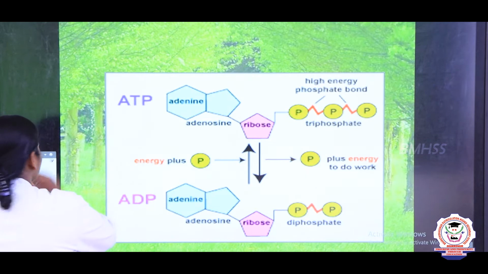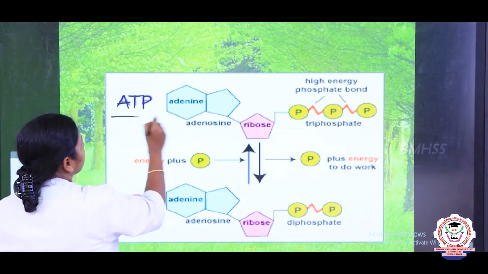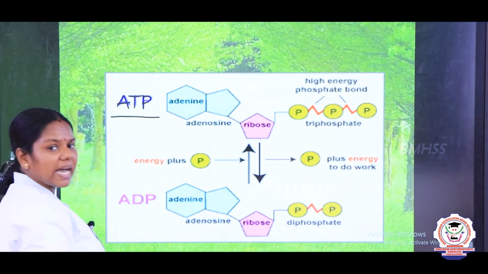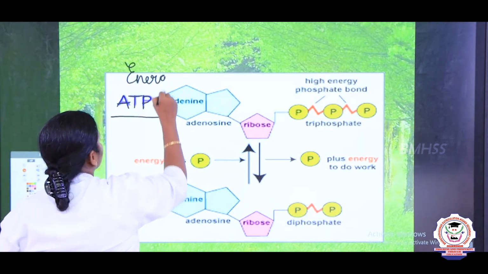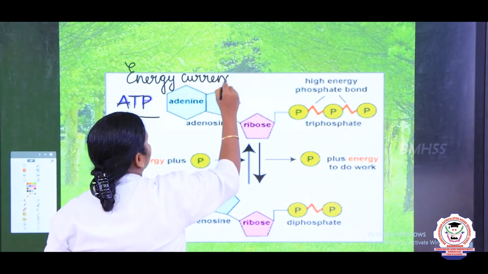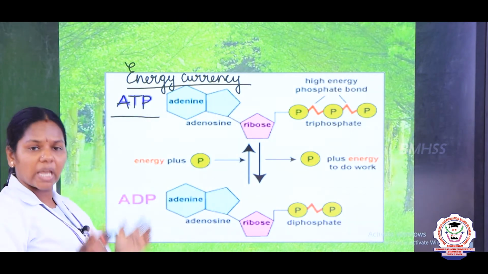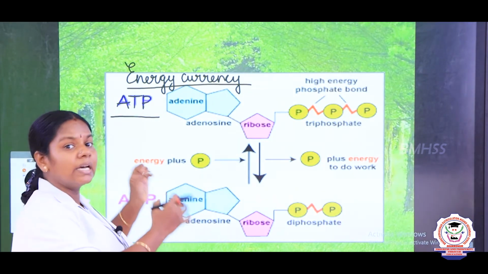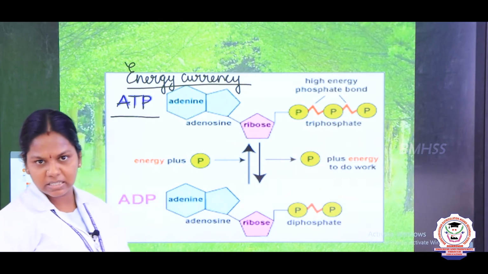ATP is adenosine triphosphate, right? We can say it is the energy currency. The energy produced during respiration cannot be utilized directly. So hence it is stored in the ATP and step by step it is released, right?